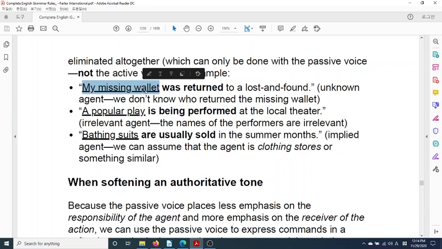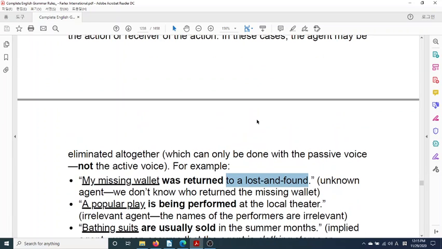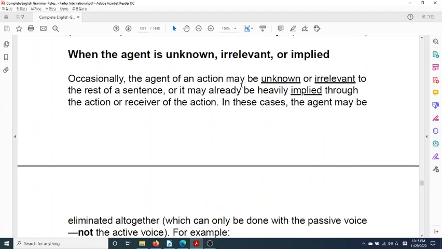So my missing wallet is the subject and object, was returned, verb, to the lost and found. You notice there's no by. It doesn't say who returned it. And there can be two choices. Either they don't say who returned it because it's unknown, right? You didn't meet the person who returned it. Or it's irrelevant.